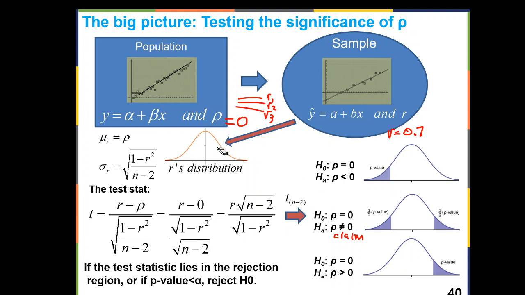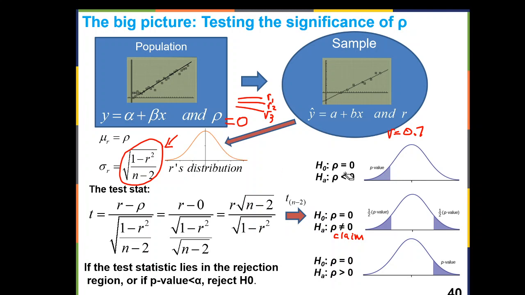Now, the R's have a standard deviation that is given by this formula, again, from calculus and from other branches of math. We're going to get this and use it here. We're not going to directly find the standard deviation of R's. So, the standard deviation of these R's would be this, and the mu of the R's is the same as rho.